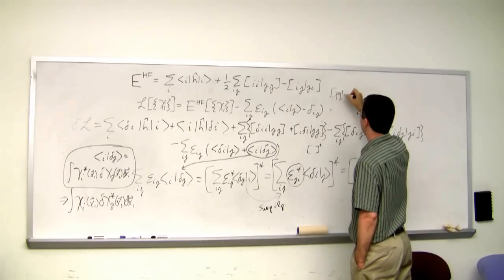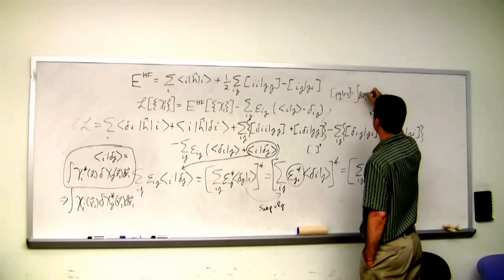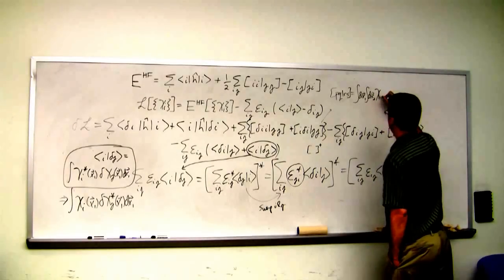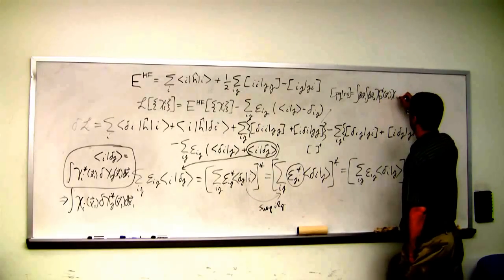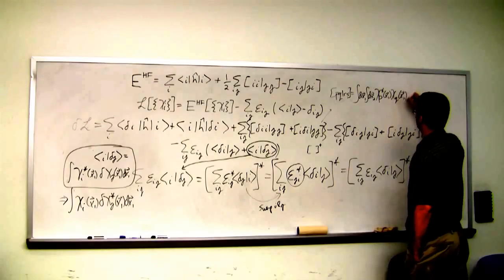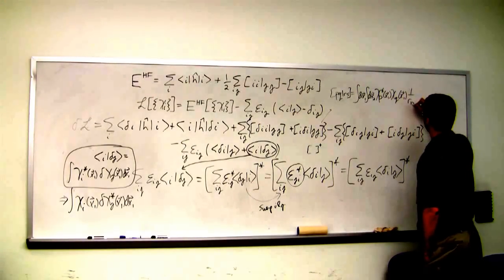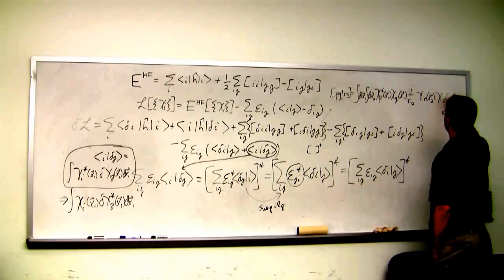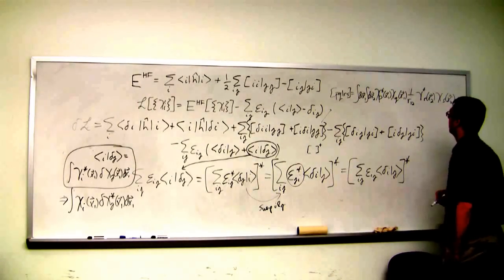Remember, PQRS is a shorthand for this integral: chi p star x1, chi q of x1, 1 over r12, chi r of x2, chi s of x2, and this one's a star.